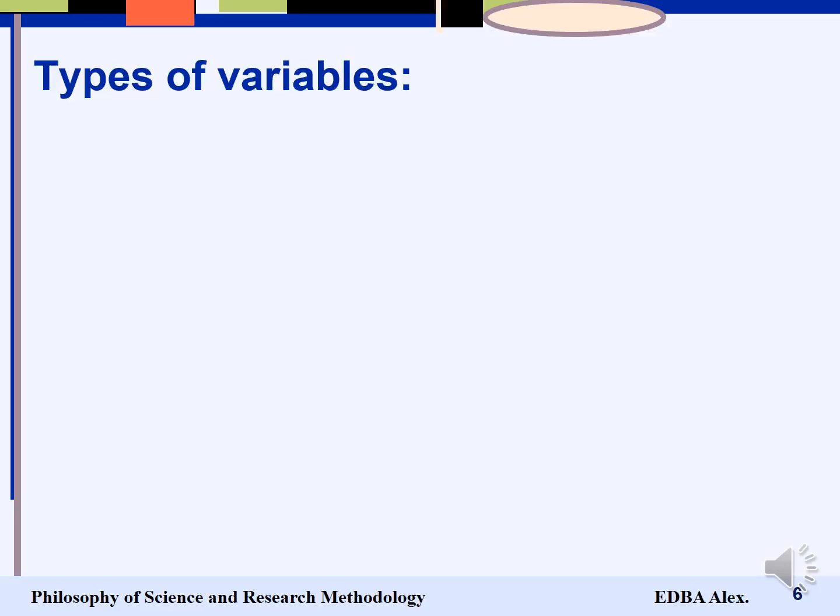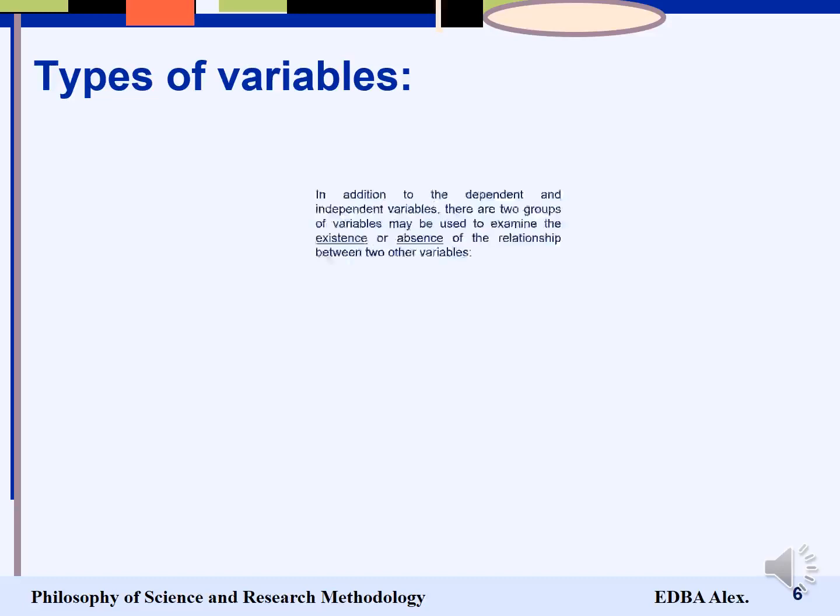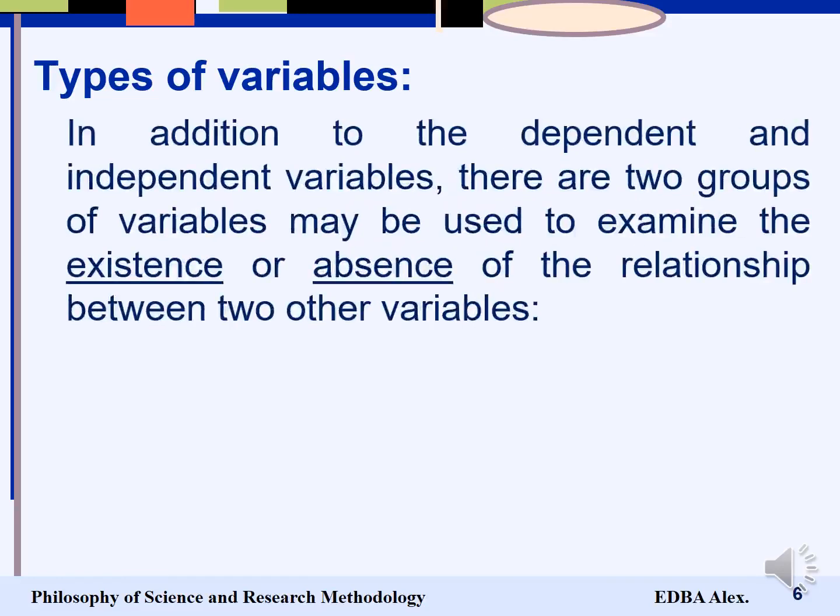There are many different types of variables. In addition to the dependent and independent variables, there are two groups of variables that may be used to examine the existence or absence of the relationship between the two variables.